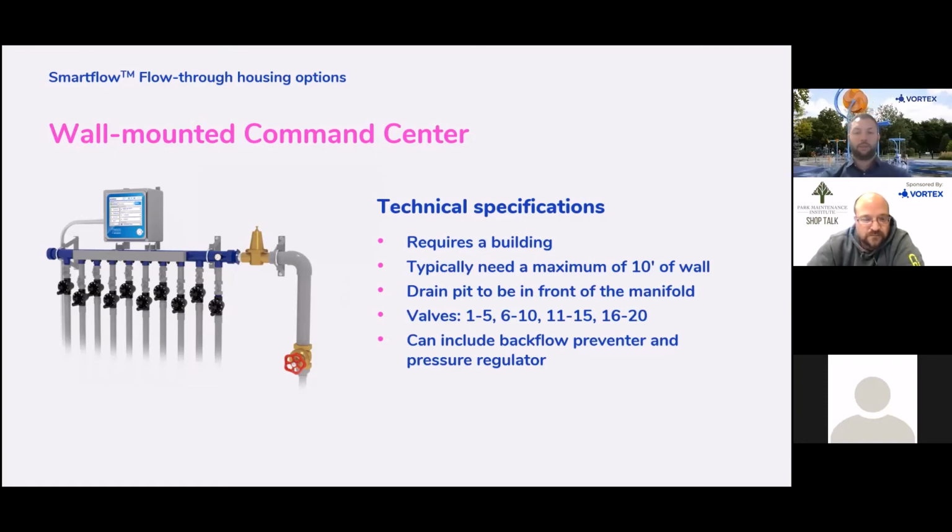The pressure regulator is really for when you have too much pressure. I hardly ever see not enough. More times than not, we have too much, and we need to crank it down. Otherwise, we cause water hammer, especially once we get to like 80 psi at our manifold location. Water hammer can really do some damage on your manifold. So having that pressure regulator will completely eliminate that concern.